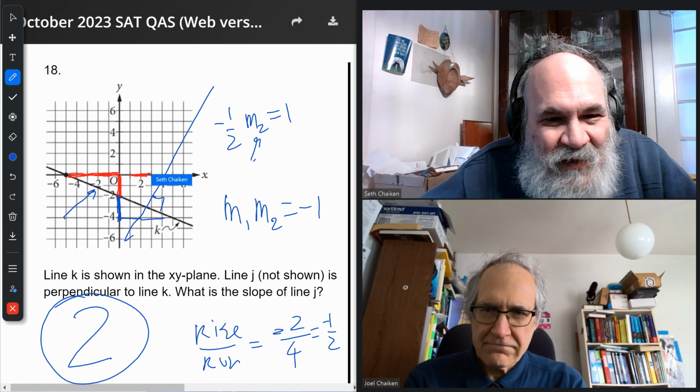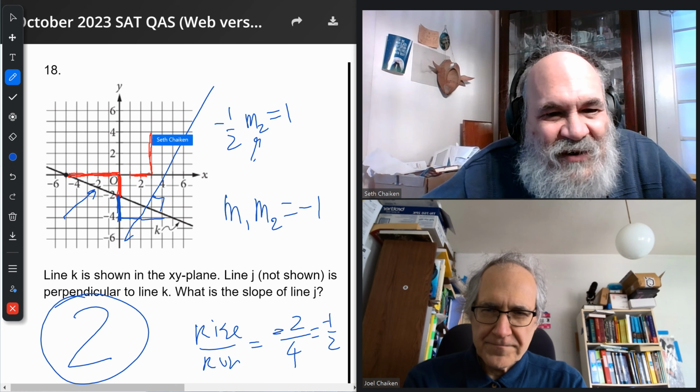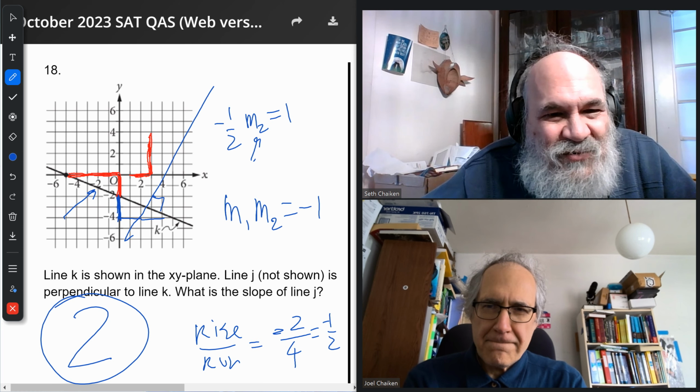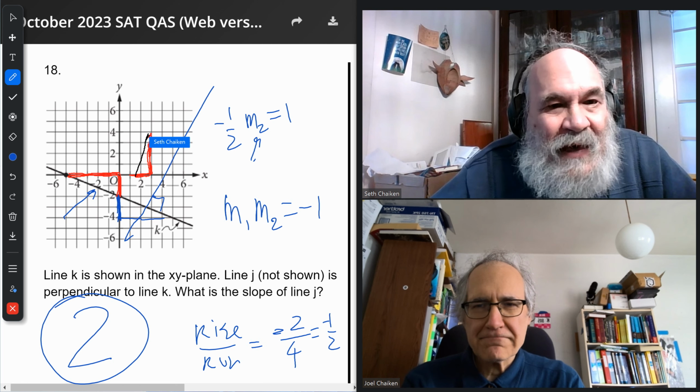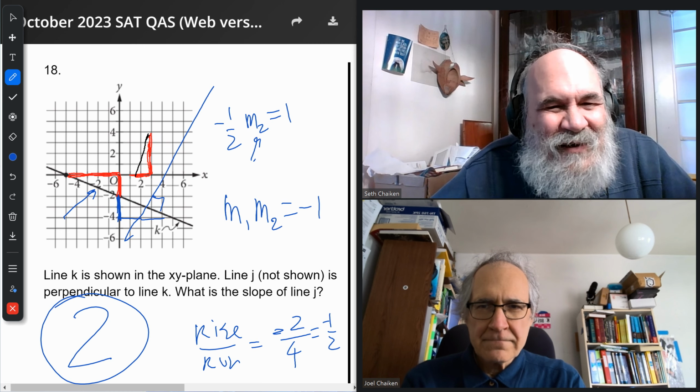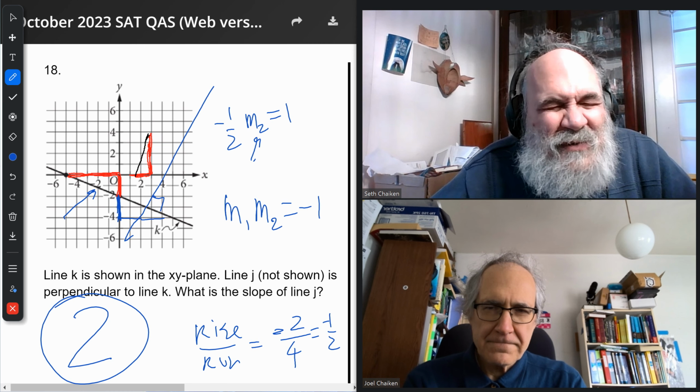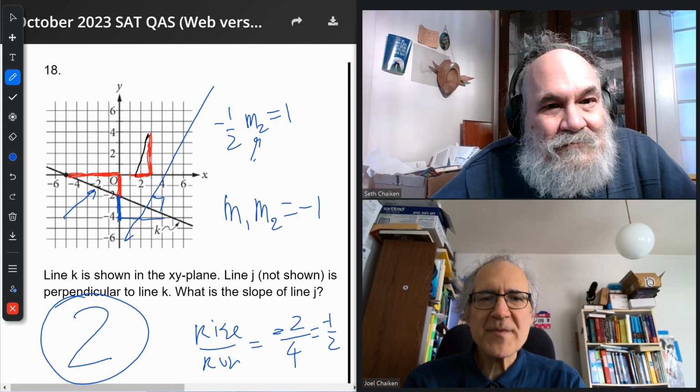See? Take this triangle and rotate it, say, to the right 90 degrees. And then, of course, the hypotenuse is black. So what happens is the rise and the run switch places.